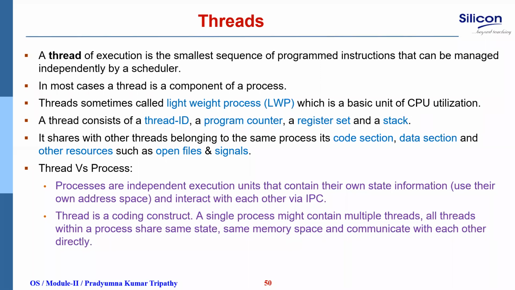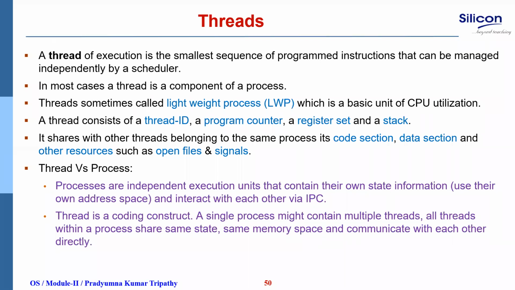So the processes can be divided into some threads. In a process, multiple threads may work. In most cases, a thread is a component of a process. So that means if you are working with a thread, that thread must belong to some process.